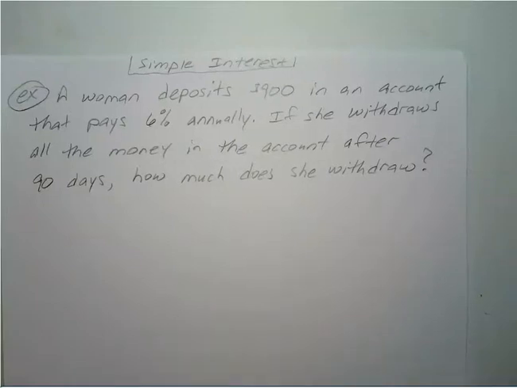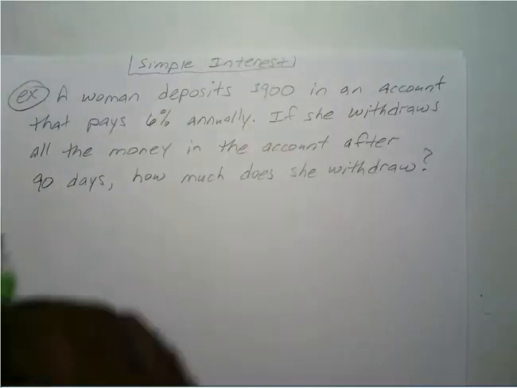Okay, so a woman deposits $900 in an account that pays 6% annually. If she withdraws all of the money from the account after 90 days, how much does she withdraw? Okay, now if you want to, you can press pause and try to work this one out, but I'm going to go ahead and work this out for you.